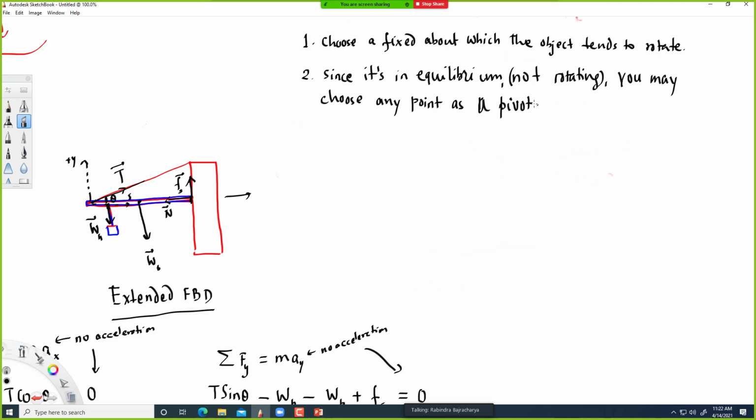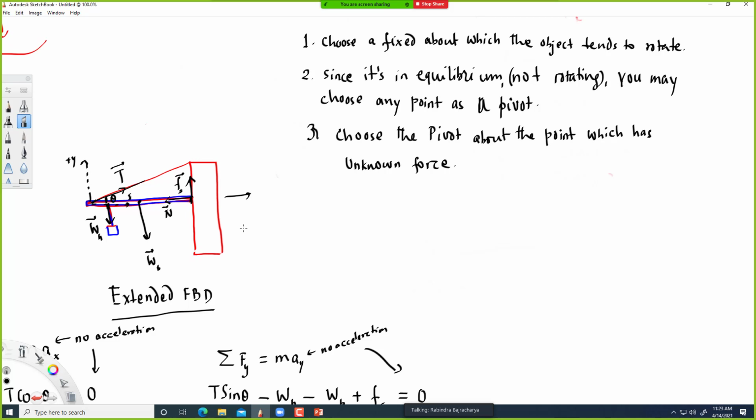Pivot means the point about which it rotates. So which point should we choose as pivot? Usually we would choose the pivot about the point which has unknown force. I will show you an example of this. Some of the forces may not be known.